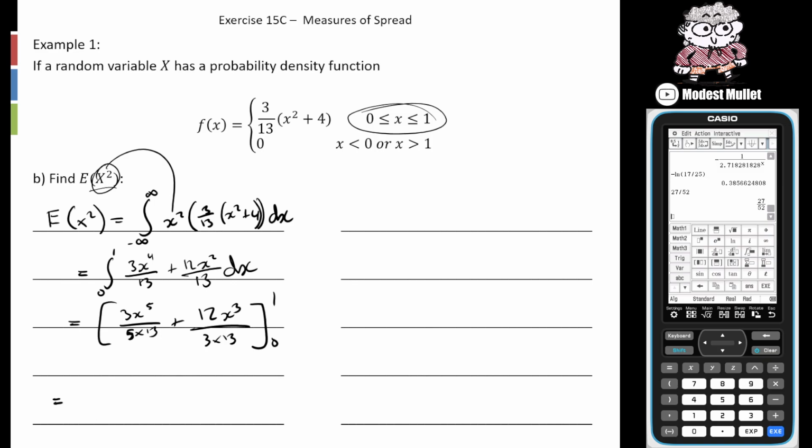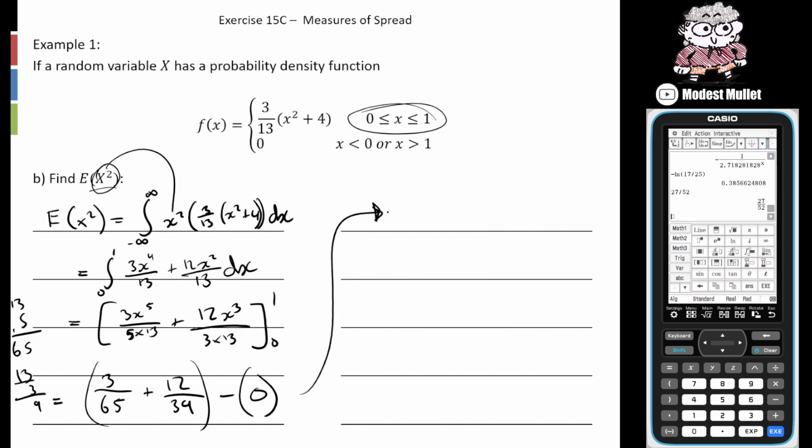That gives us 3 on 5 times 13, 65, plus 12 on 3 times 13, 39, of course. That's subbing in the 1, and subbing in the 0 is going to be 0. Okay, so 3 on 65 plus 12 on 39.